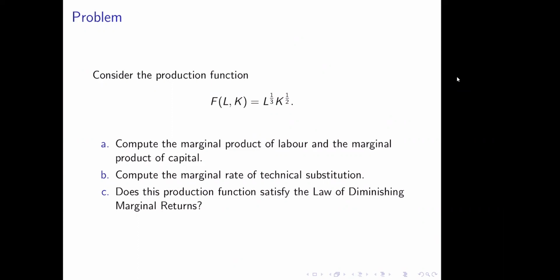I'll give you 5 minutes for A, B, and C. Let's see how much you get, and whether you can verify if we have the law of diminishing marginal returns. This takes 5 minutes; I'll come back.